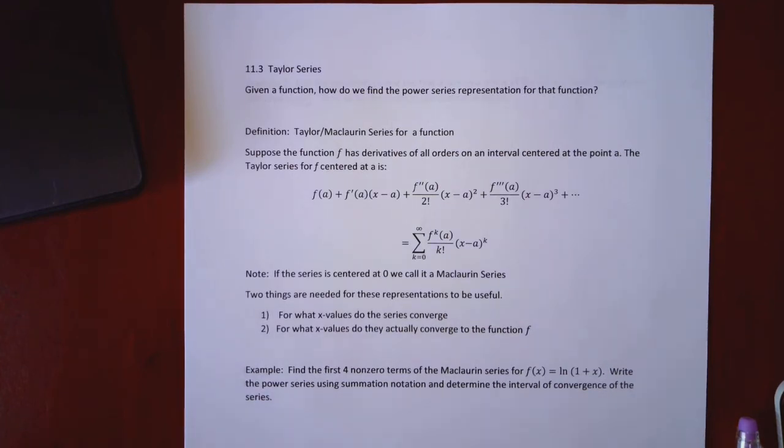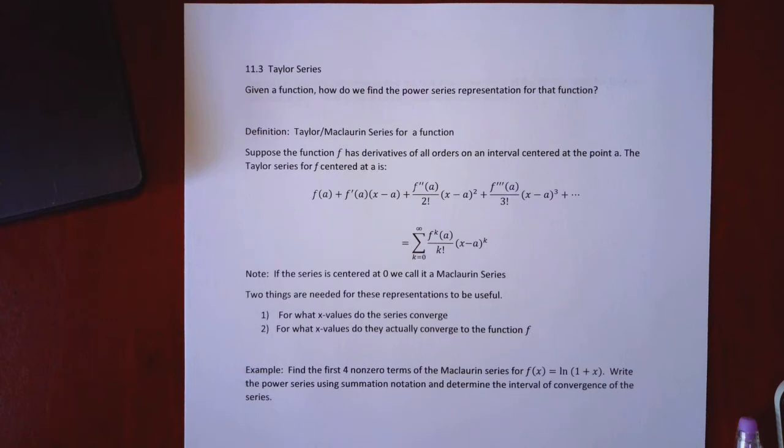We're just going to expand the idea of those Taylor polynomials that we found in section 11.1 out to infinitely many terms. So specifically, if you have a function that has derivatives of all orders, in other words, it's infinitely differentiable, at a point on an interval centered at the point a.